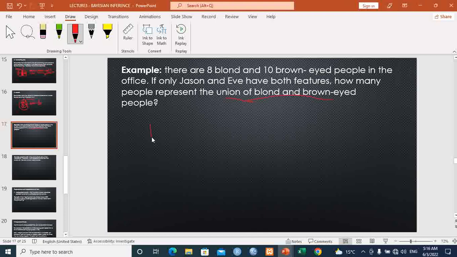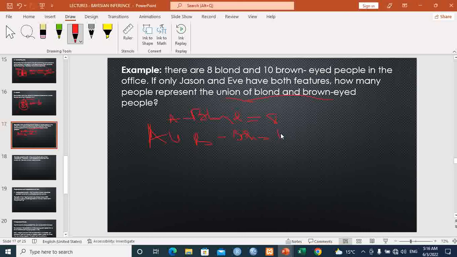So we say, let's say A represents blonde. How many of them do we have in the set? We have 8 of them. And B, let's say, represents brown. How many of them are we having?